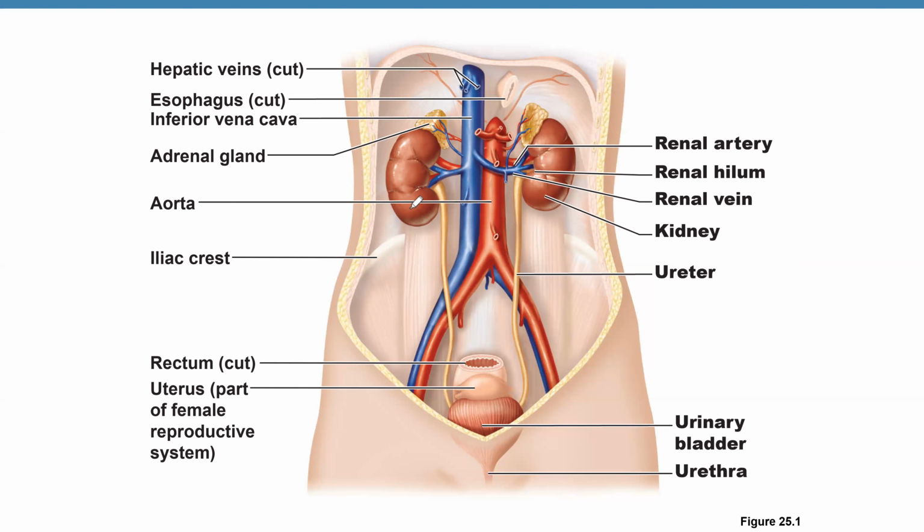This filtrate becomes urine, and urine travels inside ureters to the urinary bladder, and clean blood returns back to the inferior vena cava through renal veins. Over here you can see the urinary bladder and urethra. Now this is female anatomy, so posterior to the urinary bladder we can see the uterus, and posterior to the uterus is the rectum.